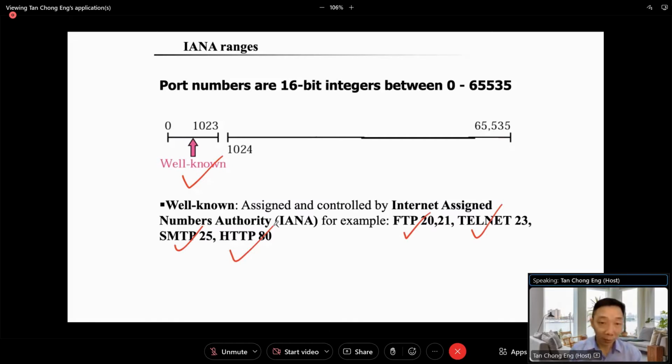And why the first 1,000? To be precise, it's actually until 1023, because 1 kilobyte is not 1,000 bytes. It's actually 1024 bytes. So these are things that a lot of people get confused.